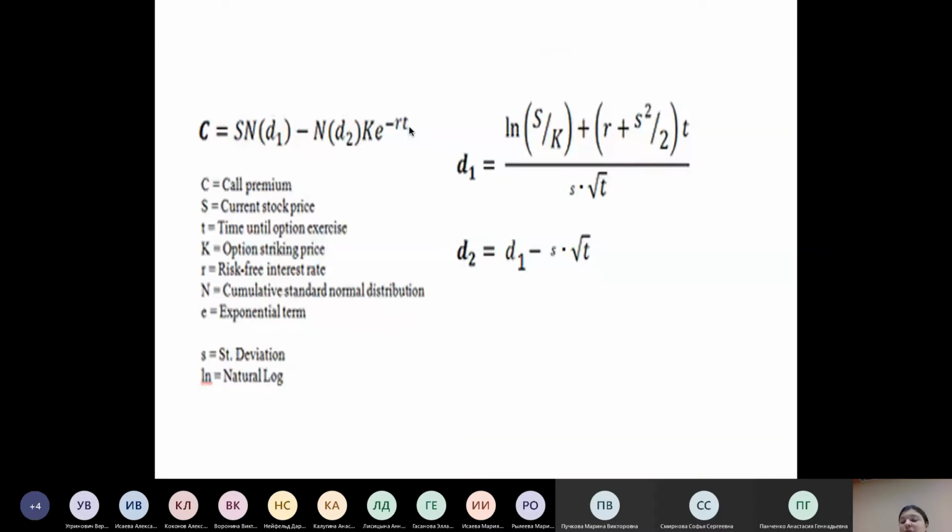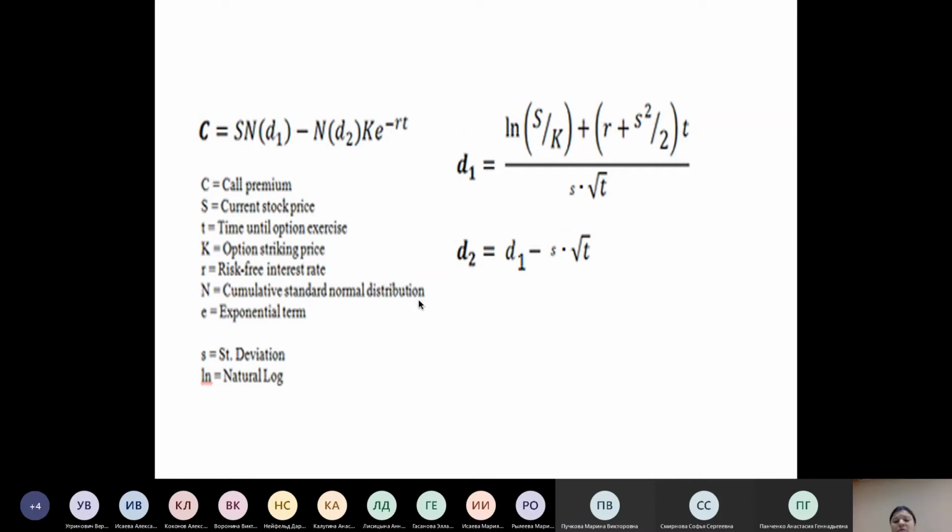According to the rules, our cumulative standard normal distribution based on D the first demonstrates to us the probability that the market conditions are good enough to realize the deal in the market. Or in other words, our market conditions create all opportunities to realize the option.